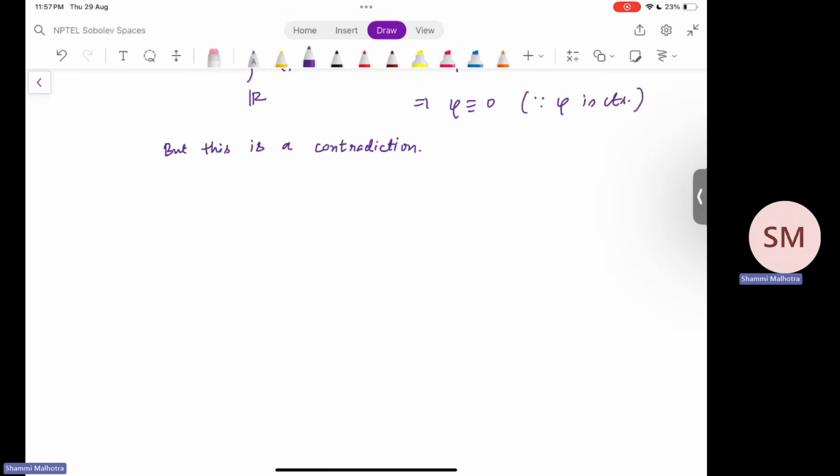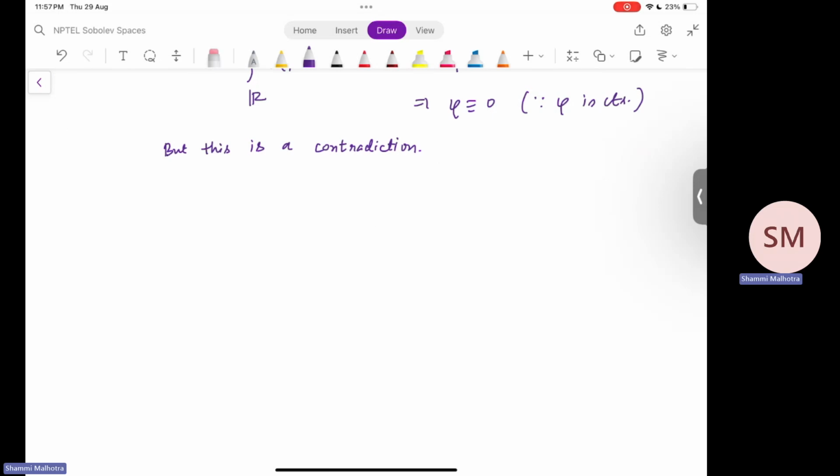Like we will see that embeddings are there, but one thing more which we can see is that if we have a Sobolev function, and we associate some weight with that u, then that function u will lie in the LP space.